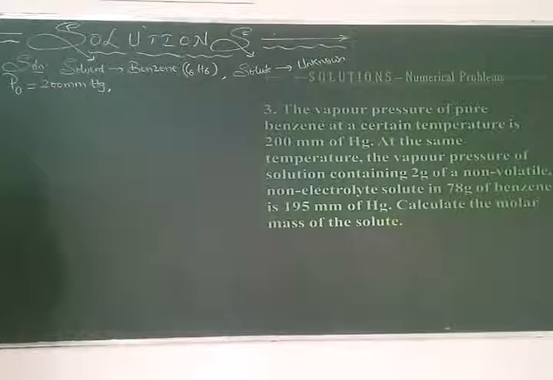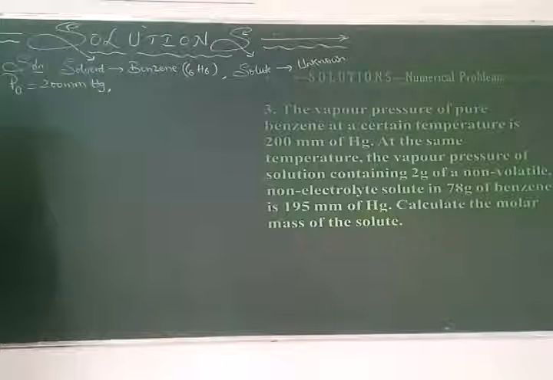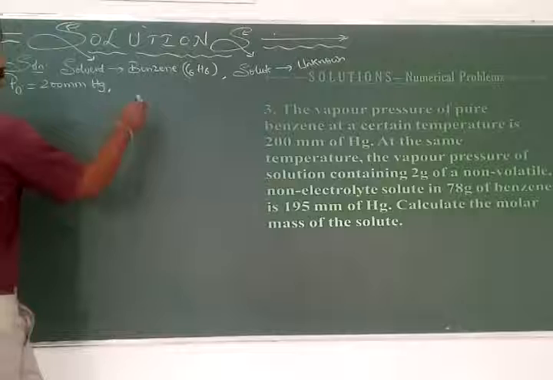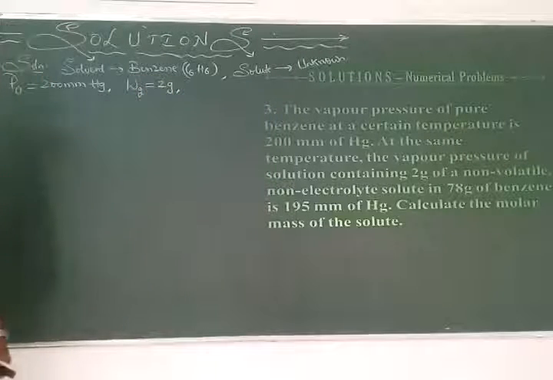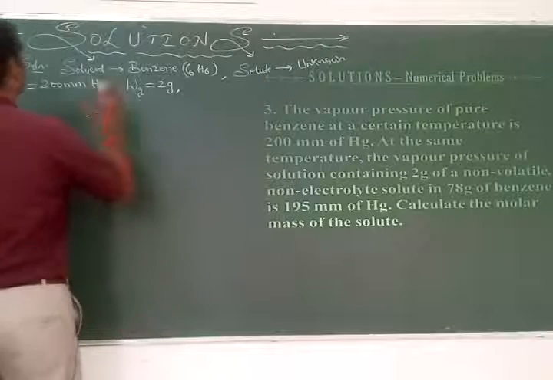At the same temperature, the vapor pressure of the solution containing how many grams? 2 grams of a non-volatile non-electrolyte. Means the mass of the solute is given. W2 is equal to how many grams? 2 grams. In 78 grams of benzene, what benzene is?